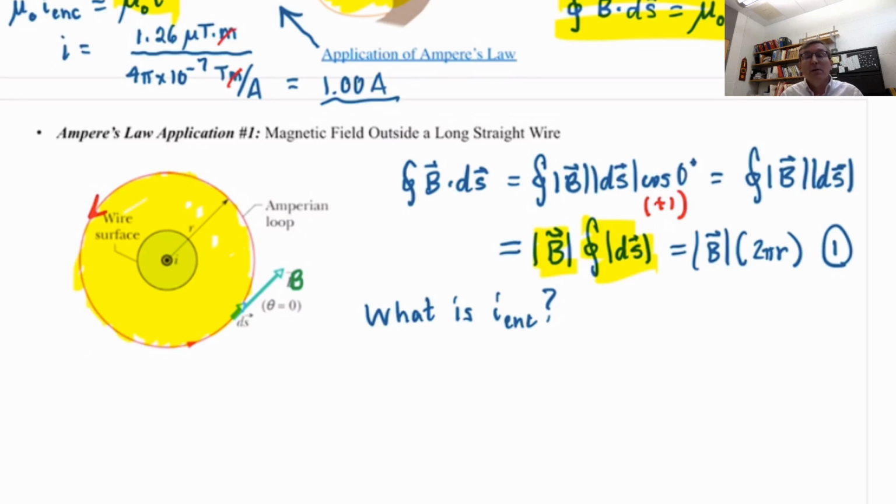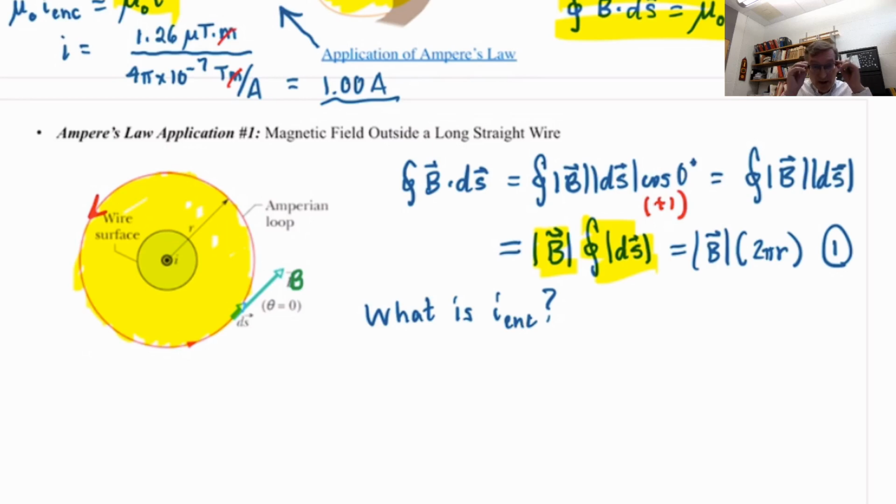I do this special I enclosed right-hand rule where I circulate my fingers the way I did the B integration, and I see which way my thumb points. We did the B integration counterclockwise, so I circulate my fingers counterclockwise, my thumb points up. So any current that pierces that shaded surface upward is positive.